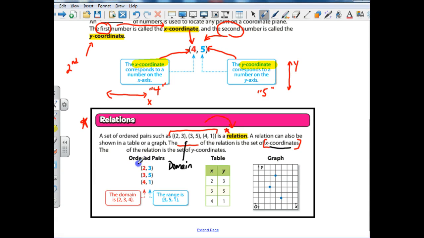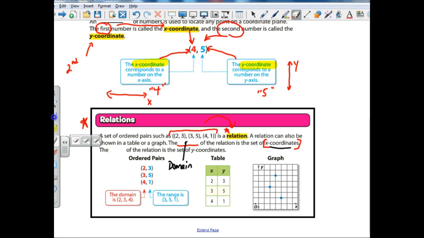Think of it like this. See this relation right here of these numbers? All of these x values right here, those are the domain. The domain is 2, 3, and 4. See how I did that? I hope so. I'm going to erase that. You can keep it in your notes, but mine gets a little busy if I don't erase it.